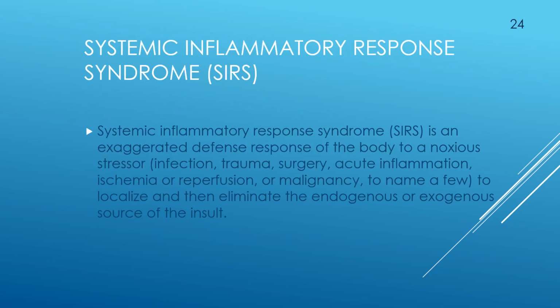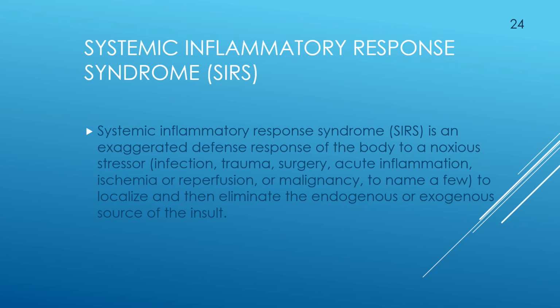So let's start off with a definition of what SIRS is. It's systemic inflammatory response syndrome. Basically what it is, it's a systemic inflammatory response to some kind of insult to the body, such as an infection, a trauma, surgery, acute inflammation, ischemia, malignancy, to name a few.